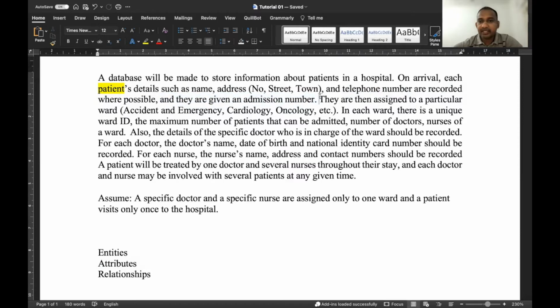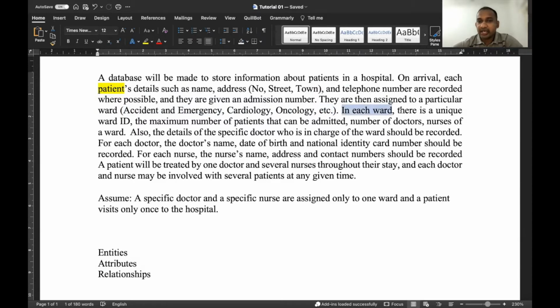And next you can identify, then they are assigned to a particular ward. The ward can be accident and emergency, that means it is the ward name, accident and emergency, or cardiology or oncology, or likewise there are several wards available.